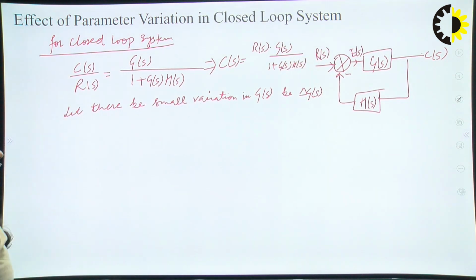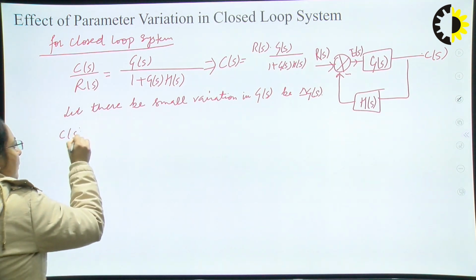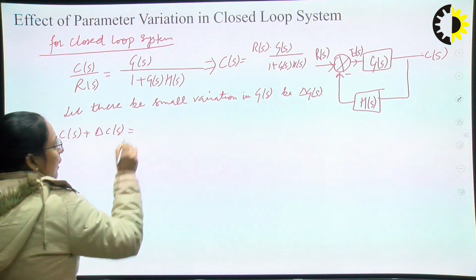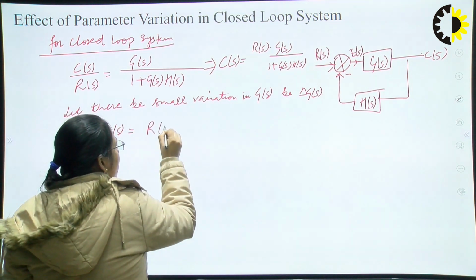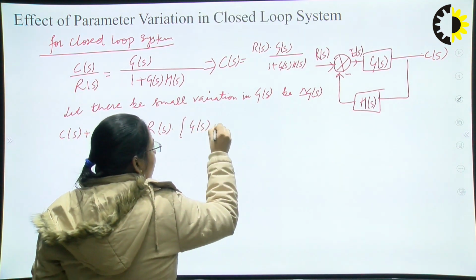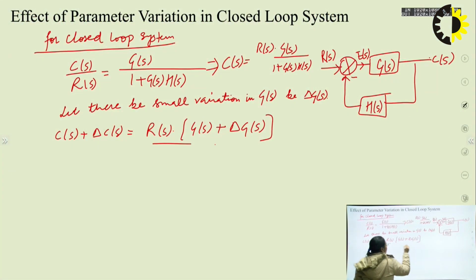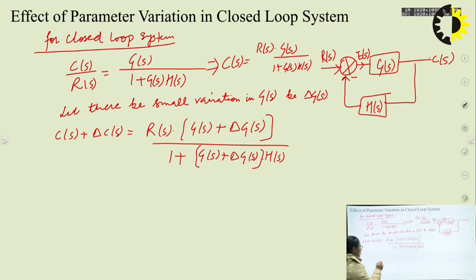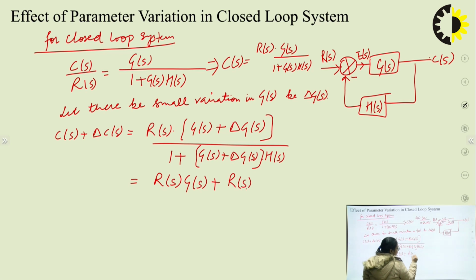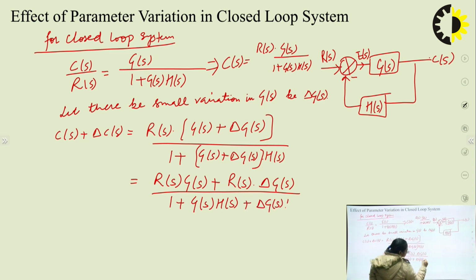Okay? So the new output will be Cs plus delta Cs, where Rs will remain the same and Gs will change by the amount Gs plus delta Gs, upon 1 plus... So splitting these terms, I am getting Rs into Gs plus Rs into delta Gs upon 1 plus GsHs plus delta Gs into Hs.